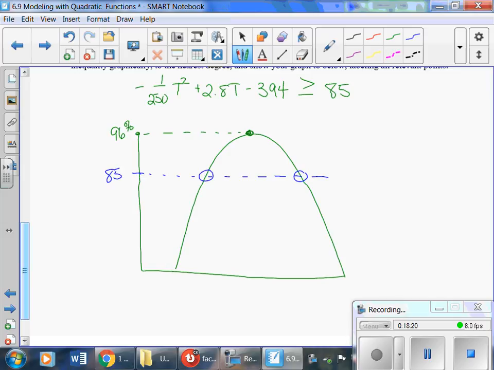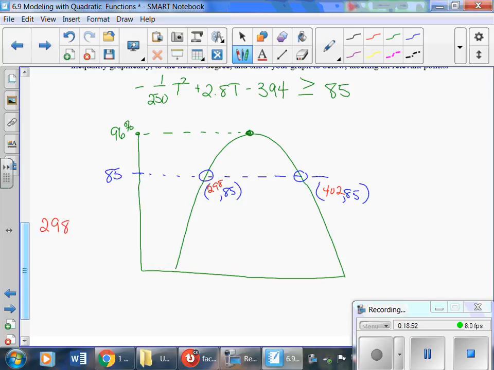So we're going to have two possibilities here. All right, now you can use your calculator for this and determine when y is 85, what's my x? All right, if I tell you to do it graphically, I'm assuming that these are going to turn out to be nice numbers, and they are, because this one turns out to be 298, and this one turns out to be 402. All right, so we know it's going to be between 298.